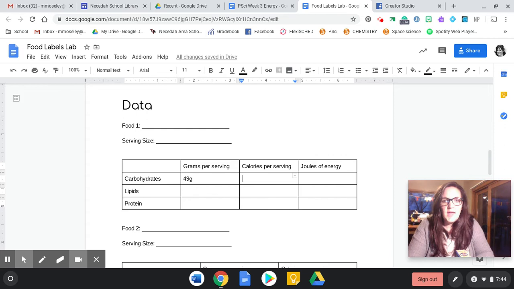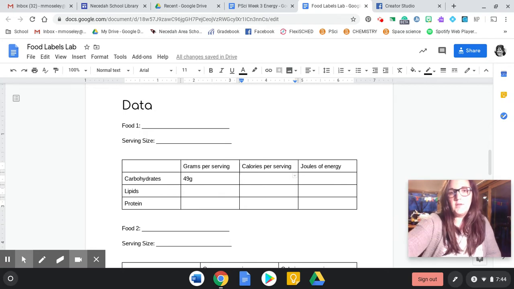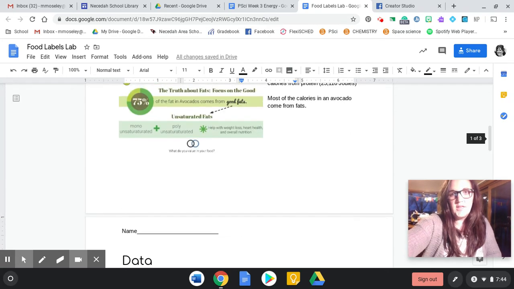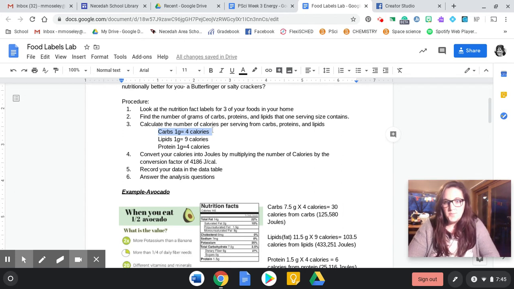And I need to look at how many calories that's going to provide me. So calories is a measurement of food energy that comes from the chemical energy in the bonds in the food. So in order to find my calories per serving, I'm going to need to do a little bit of math. So for every 1 gram of carbohydrates, it's going to equal 4 calories.